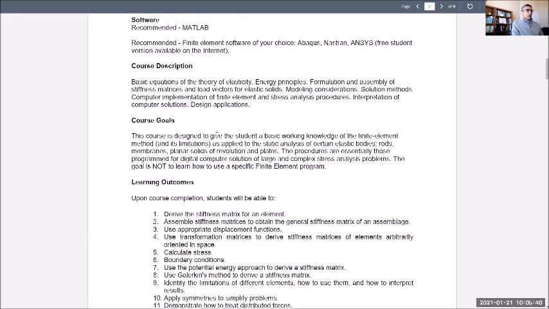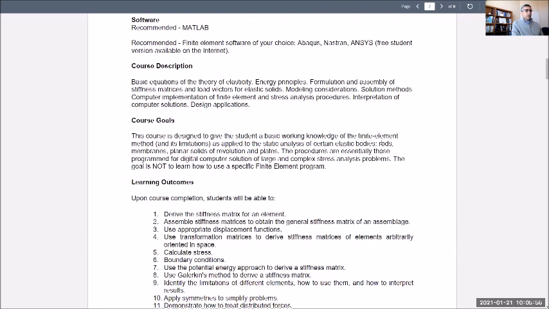The course is designed to give you basic working knowledge of the finite element method and its limitations as applied to the static analysis of certain elastic bodies, so mainly linear analysis.